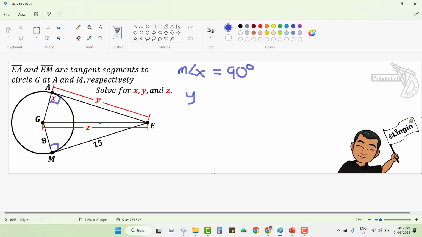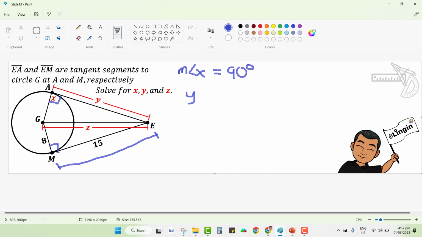But for Y, specifically, I would like you to consider the measurement of EM here. Now, segment EM and segment EA are both tangent segments from the same exterior point, but of course on different points of tangency.